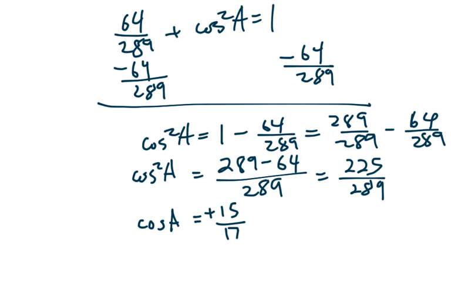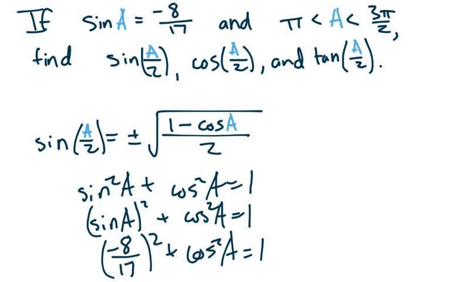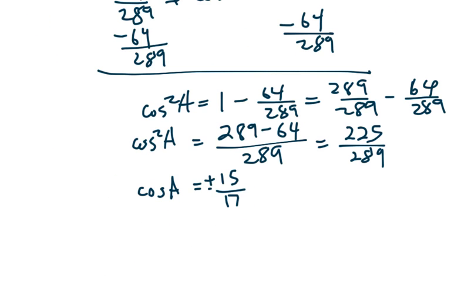Wrong. You gotta stay plus or minus. Plus or minus. What quadrant are we in? We're in quadrant 3. This is important. This is the first time, but not the last time, this will be used. This is telling us quadrant 3, so cosine must be negative. Cosine is negative in the third quadrant.